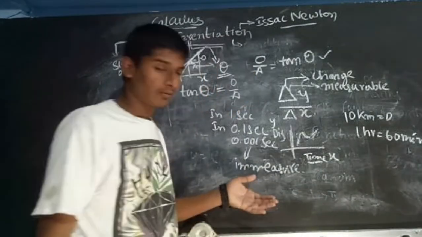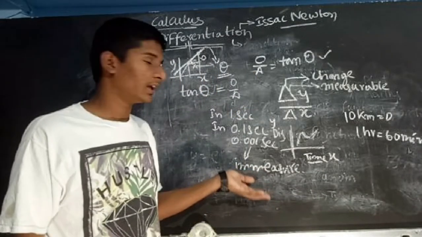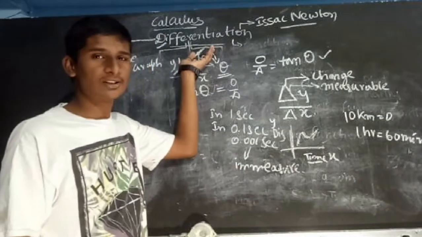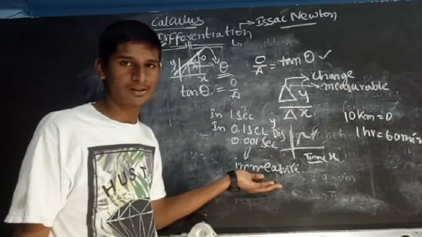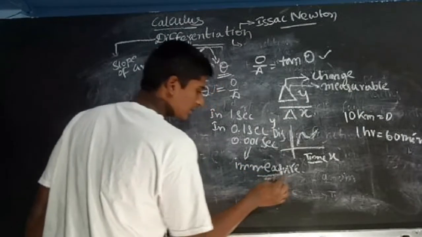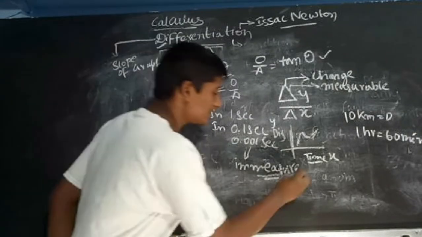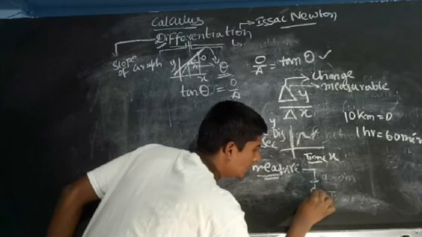We can calculate these immeasurable quantities in differentiation. We learn about differentiation so that we can calculate these immeasurable quantities, and it is denoted with dy by dx.